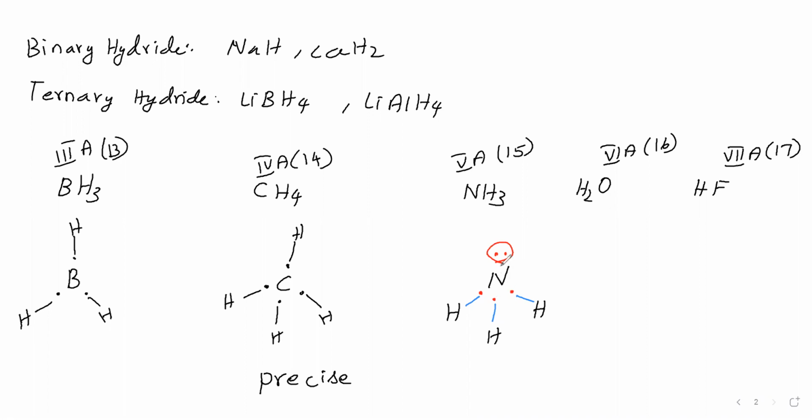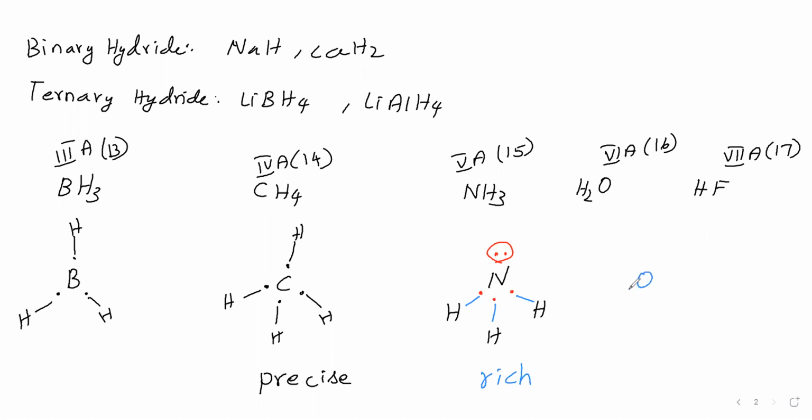In this, nitrogen valence shell contains 2 more electrons that are not bonded. So this nitrogen still has more electrons than needed to form bonds. Therefore, it is called electron rich hydrides. This valence shell is having more electrons than required for bonding.